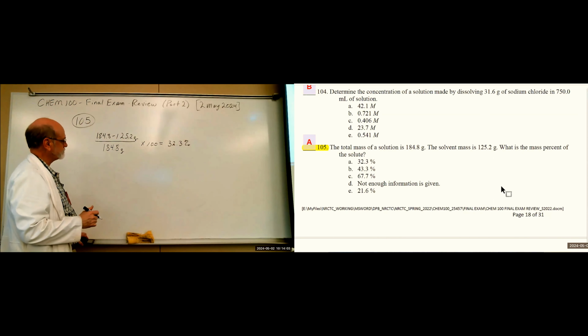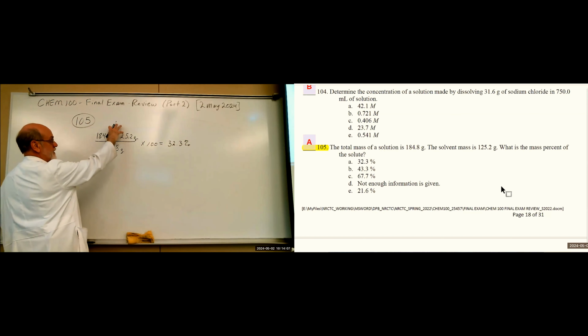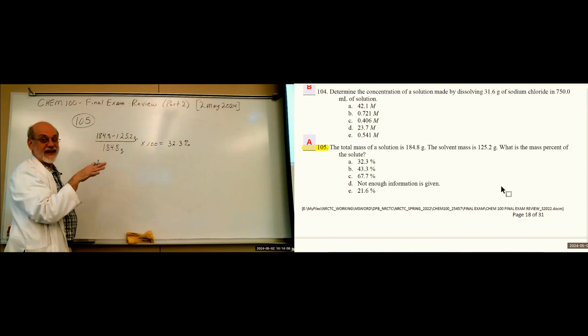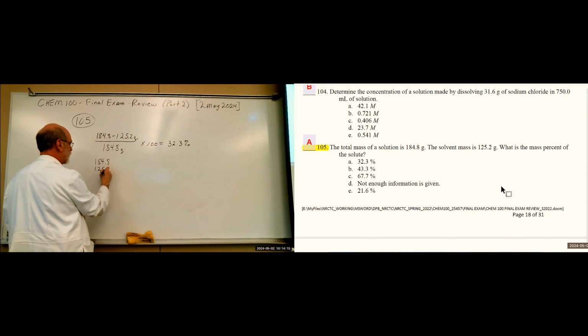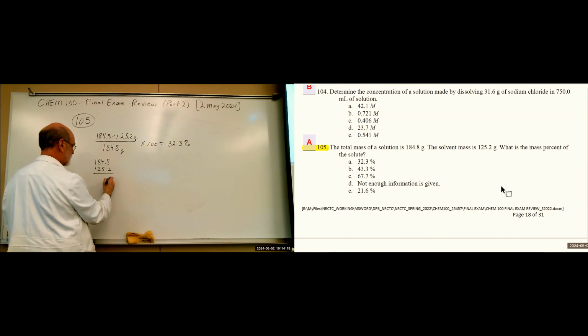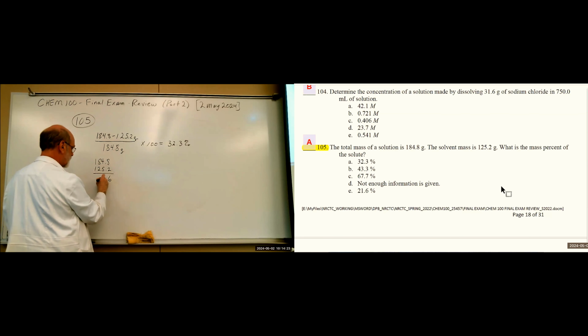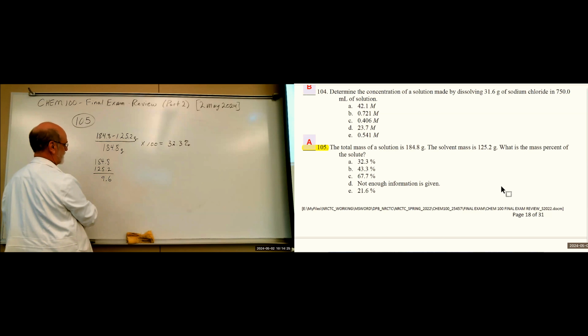Okay. Now, why did I say three significant figures? This is the significant figure rule for add subtract. If you put 184.8 minus 125.2, line up your decimals. We can keep that one. We can keep this one, right?